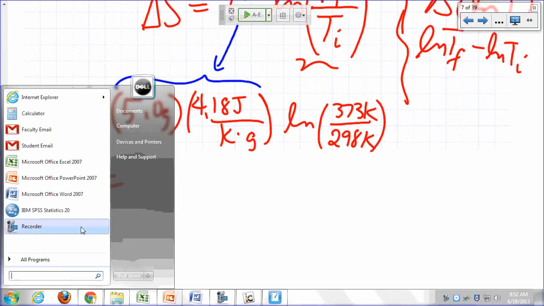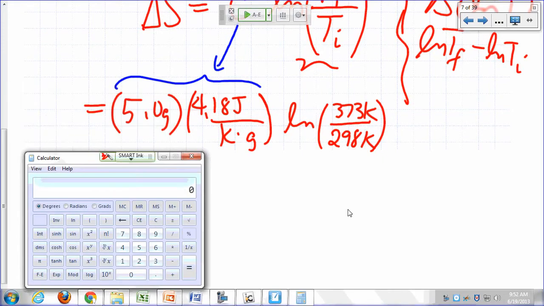5 times 4.18 times natural log of, let me take the natural log.